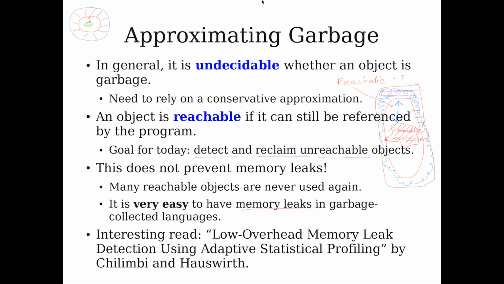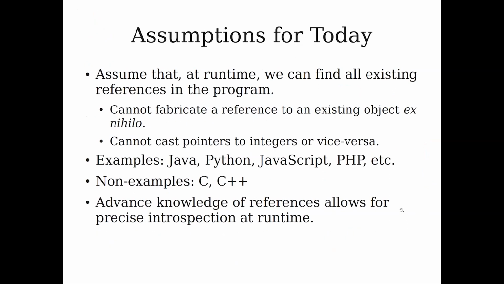One way to have a lot of memory leak is to never set any reference to null and keep allocating a huge amount of memory and not use it at all.